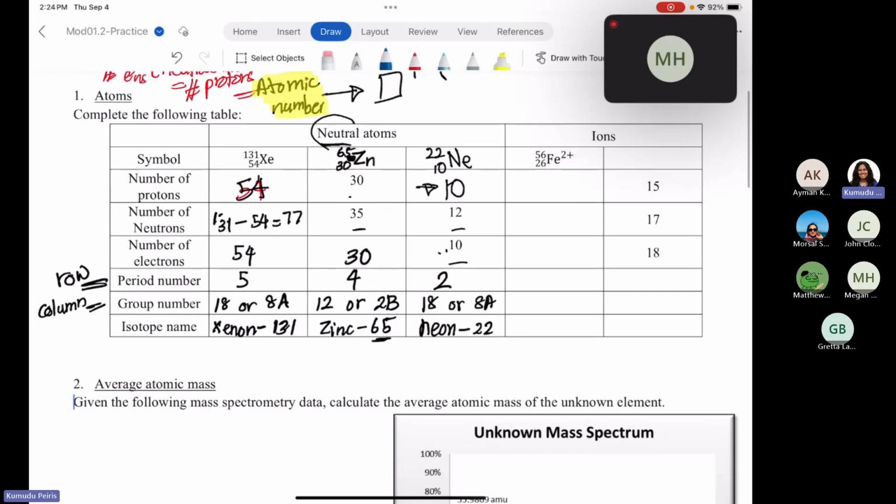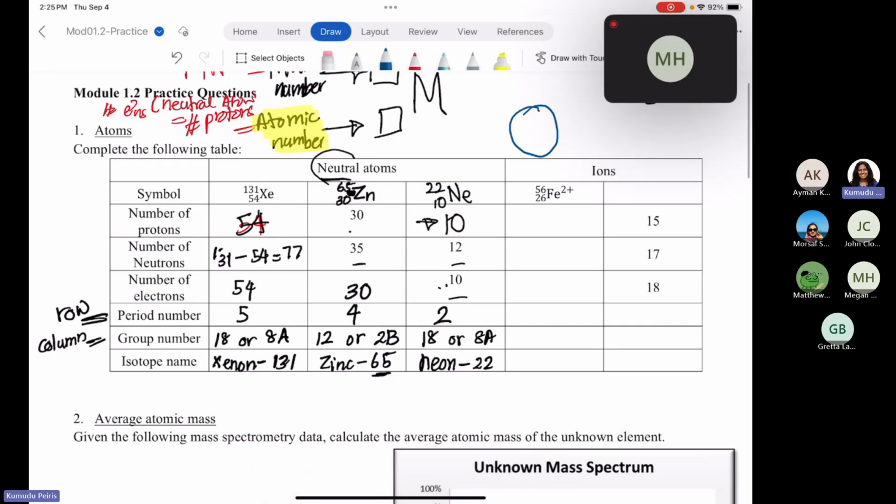So, number of protons. When an atom changes to an ion, can it change the number of protons? Where are those protons located? If this is the atom, here is the nucleus. Inside the nucleus, we have protons plus neutrons, and outside, in the valence shells or energy levels, the electrons are located.